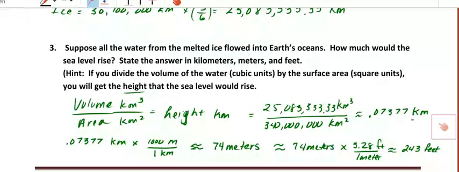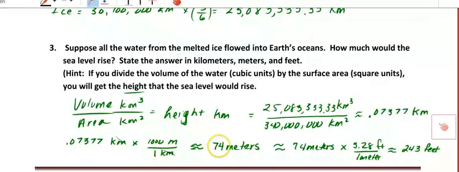Now we want the answer in meters as well as feet. So to take kilometers to meters, I know that there's 1,000 meters in 1 kilometer. I'm able to cancel out my kilometers, and I'm left with meters. So 0.07377 times 1,000 meters per kilometer gives me 74 meters.